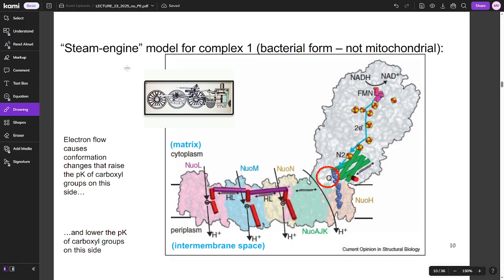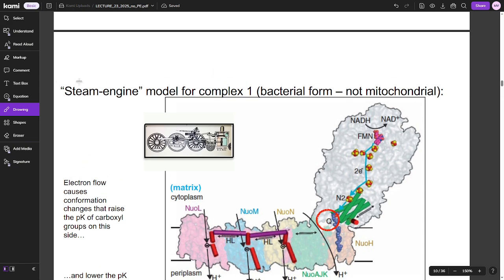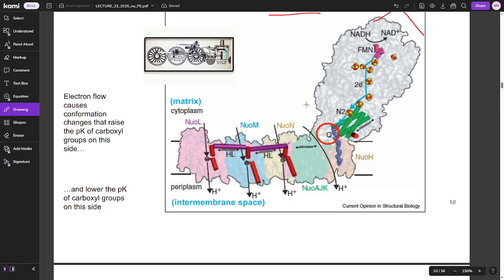So this is NADH dehydrogenase for bacteria, so prokaryotes, not mitochondria. I just want to make that clear. But I think the mechanism is somewhat similar. It's generally the same idea.